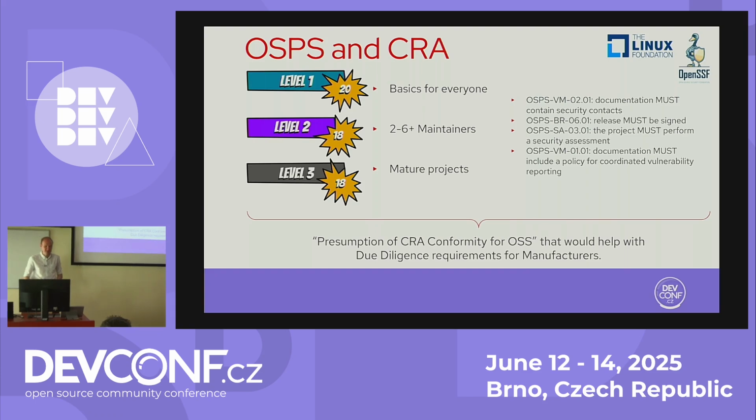So the expectation is that all of this would give a so-called presumption of CRA conformity for open source projects. Even though this is more in legal terms and applicable to manufacturers, it would help with the due diligence requirements for manufacturers as they exercise it against the open source project.